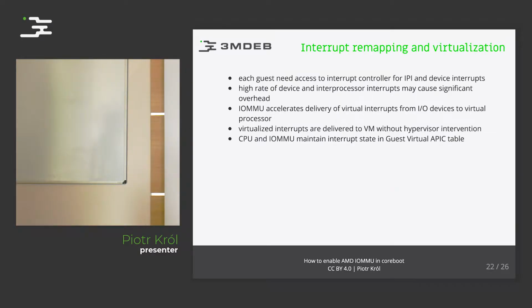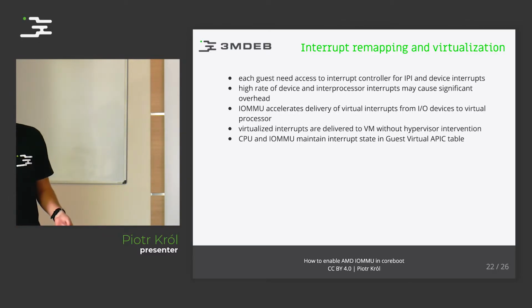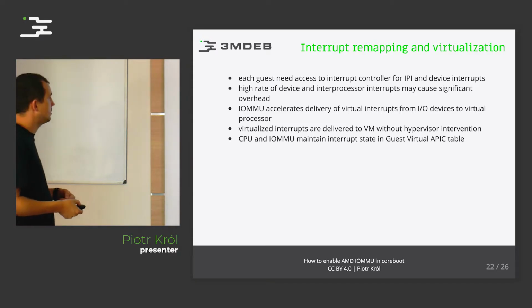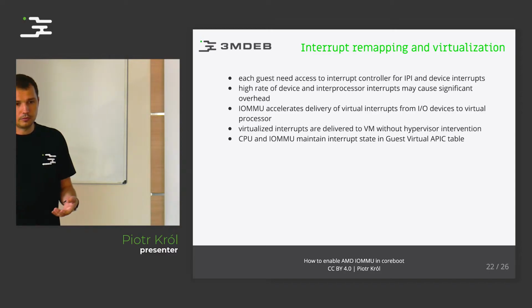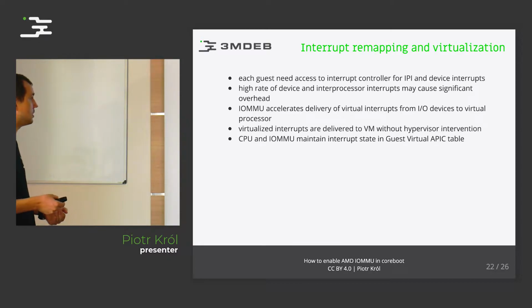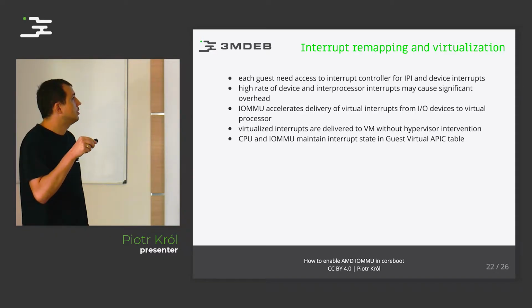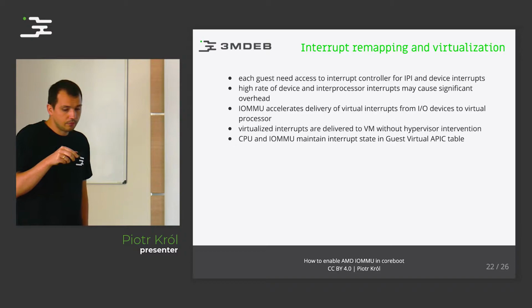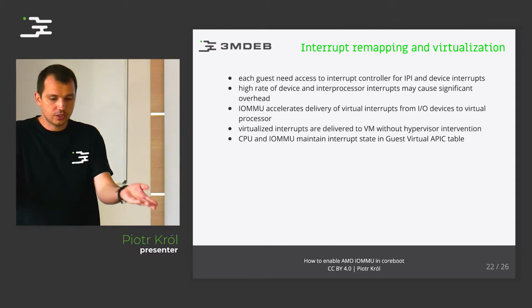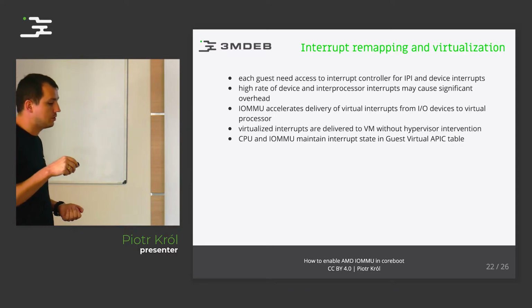Okay, interrupt remapping. So if we have virtualization situation and we have multiple guests, and each of these guests requires access to some interrupt controller. Depending on the situation and hypervisor and system, this can be virtualized or partially virtualized, but it also may require, so hypervisor which manages this guest list may require also access to something which is called inter-processor interrupts.